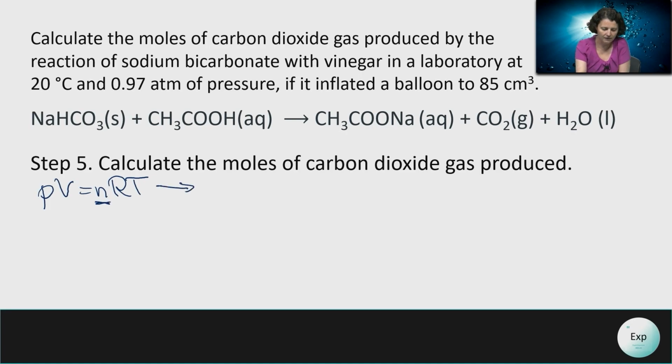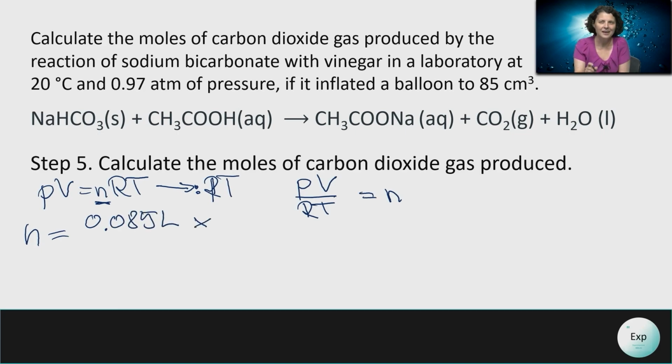If we want to find the n value, then we divide both sides by RT, giving us PV over RT equals n. If we plug in our values, then for n, we have volume of 0.085 liters times the pressure, and this has to be the partial pressure of carbon dioxide, which we just calculated. That is the 0.947 atmospheres. We divide this by the gas constant.